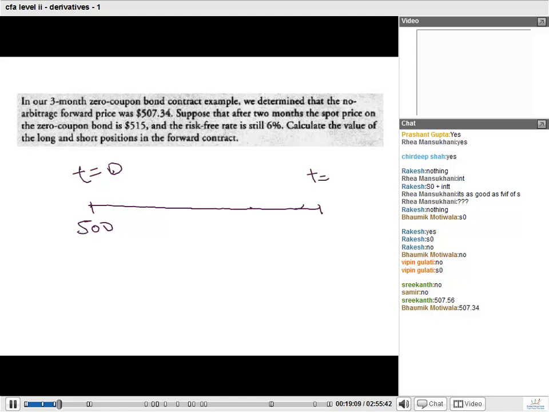The contract was that at t equal to 3, the buyer will buy the asset and the seller will sell the asset for a price of 507.34, approximately 507. Now this 507 was decided at this point when the price of the bond was 500.